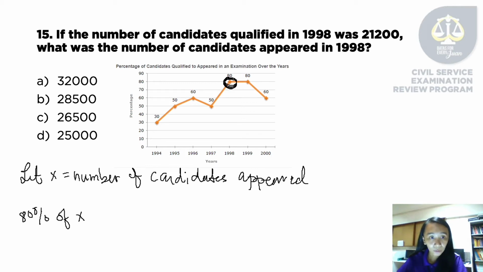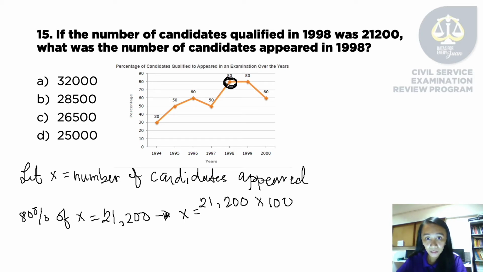Wherein 80% of X is equal to 21,200, our solution will be X is equal to 21,200 times 100 over 80, because we have 80%, and that would give me 26,500.